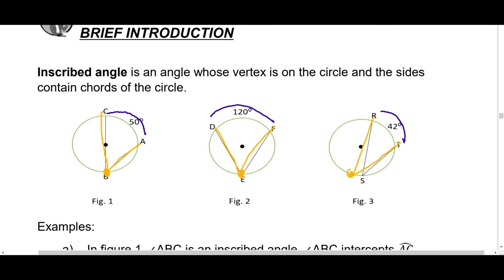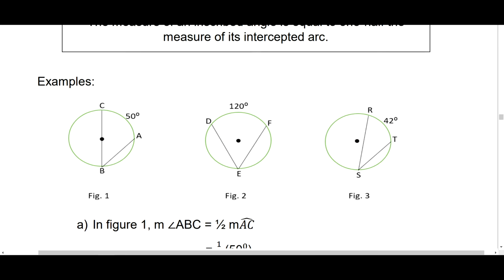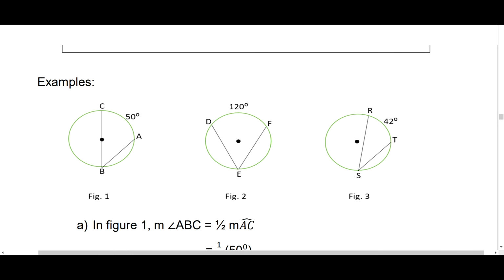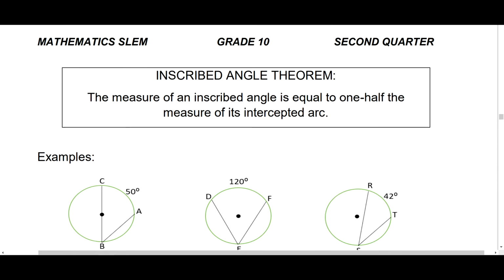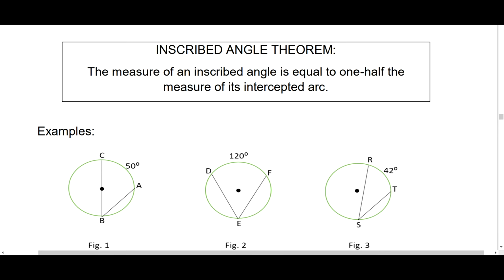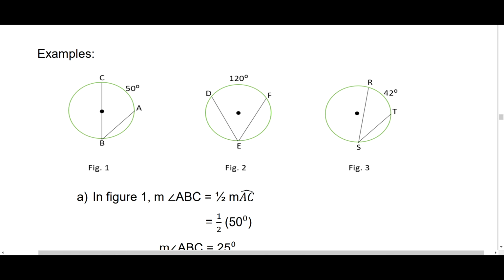Okay. Next. So, doon na tayo sa measurement niya. Para makuha nyo yung measurement ng inscribed angle, that is half. Hindi siya kaparehas. That's 1/2 of the intercepted arc. Now, let's look at the figure.